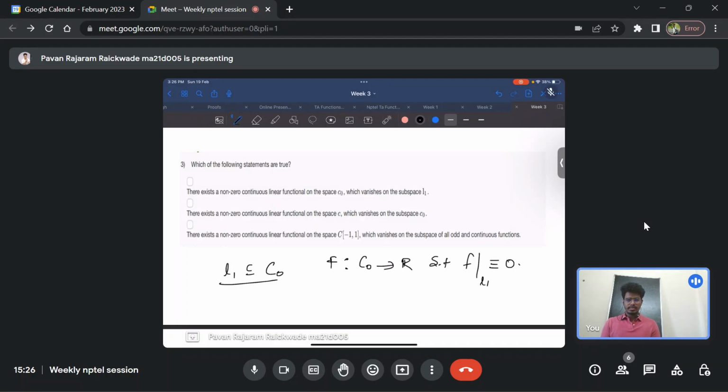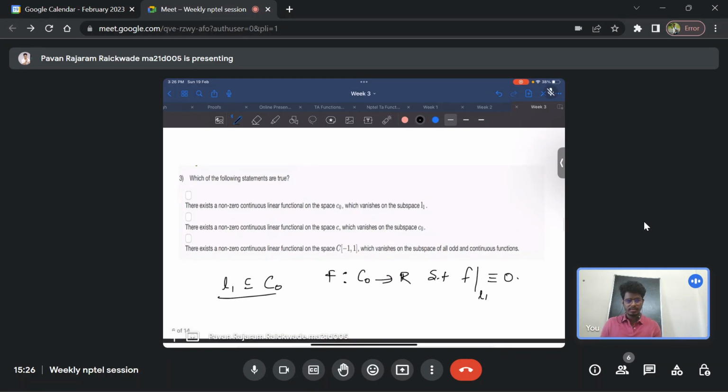What do you think? Initial guesses. As a hint, the previous question used denseness. We have shown that if a functional is identically 0 on a dense subspace, then it is identically 0 on the whole space. With that, you can say something.